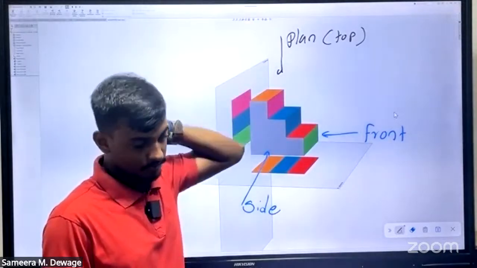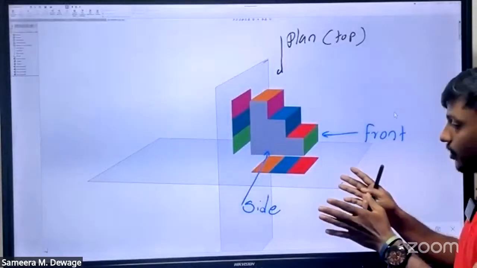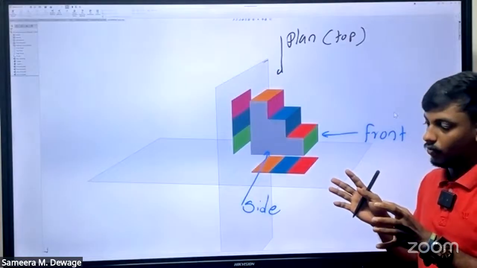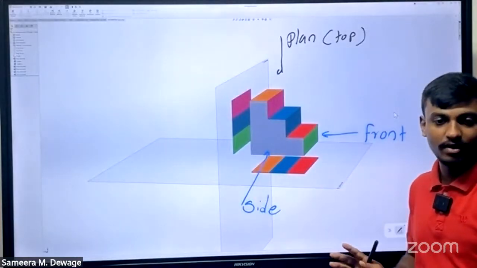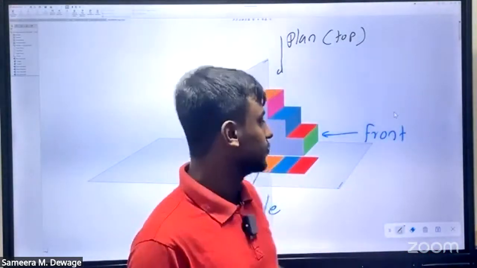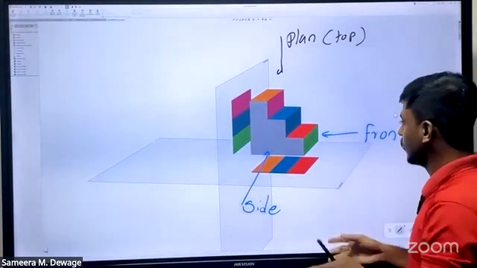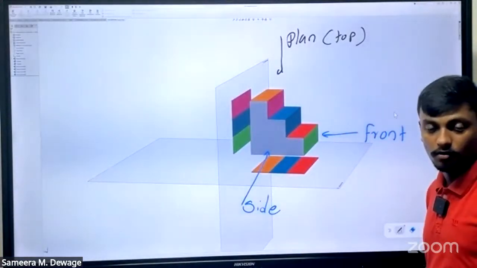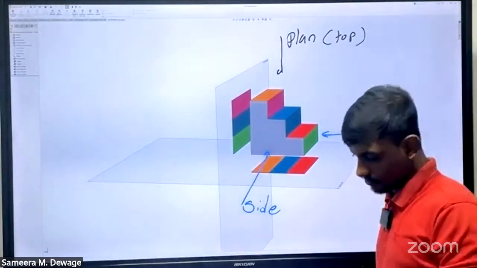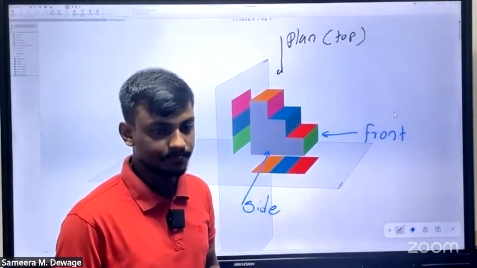Okay. If you look at the object from the front side, what kind of image can you see? Children, if you look at the object perpendicularly from the front side, what kind of image or projection image can you observe?